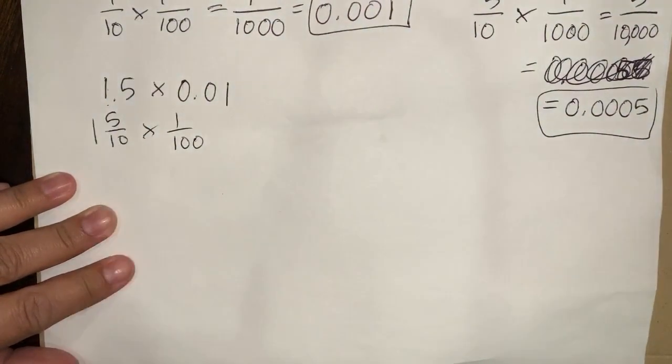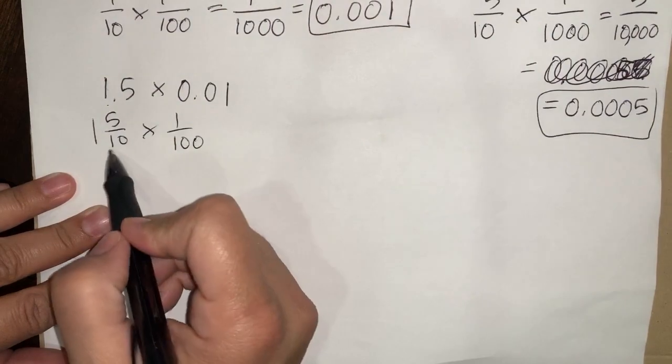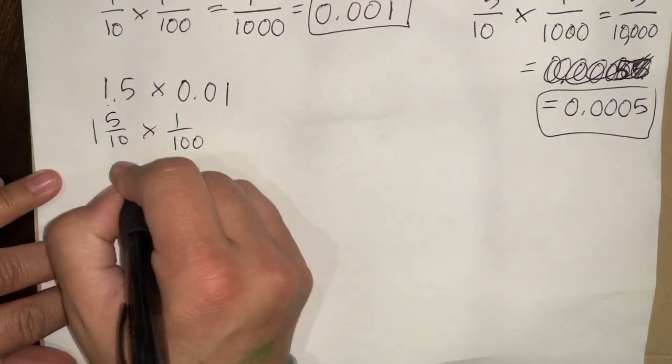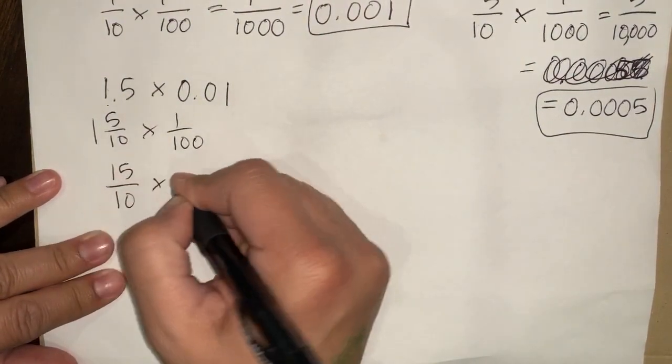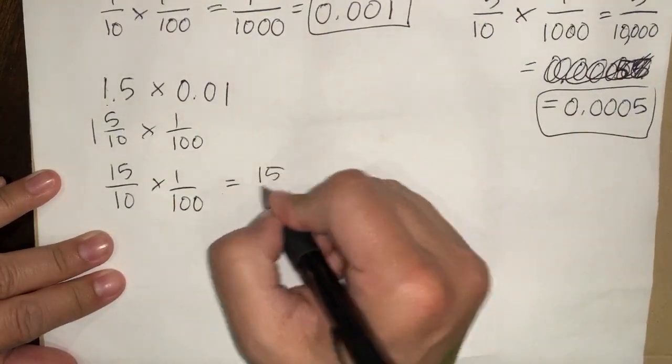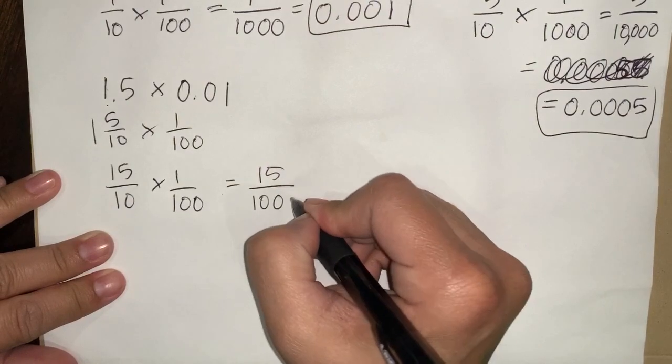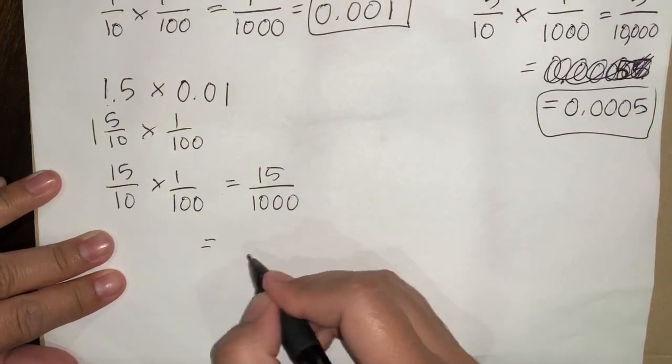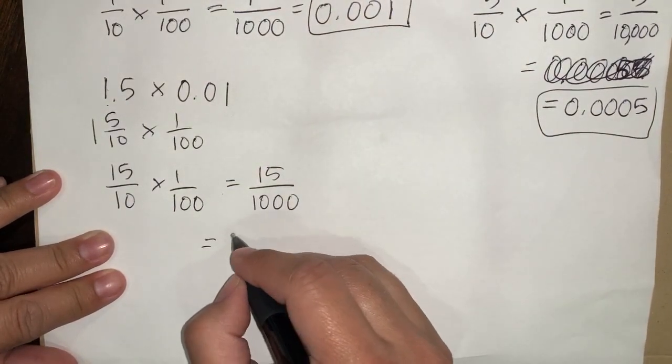Okay, you can turn this into an improper fraction. 10 times 1 is 10 plus 5, so you have 15/10 times 1/100th gives us 15 over 1,000. And then as a decimal, 15,000ths.